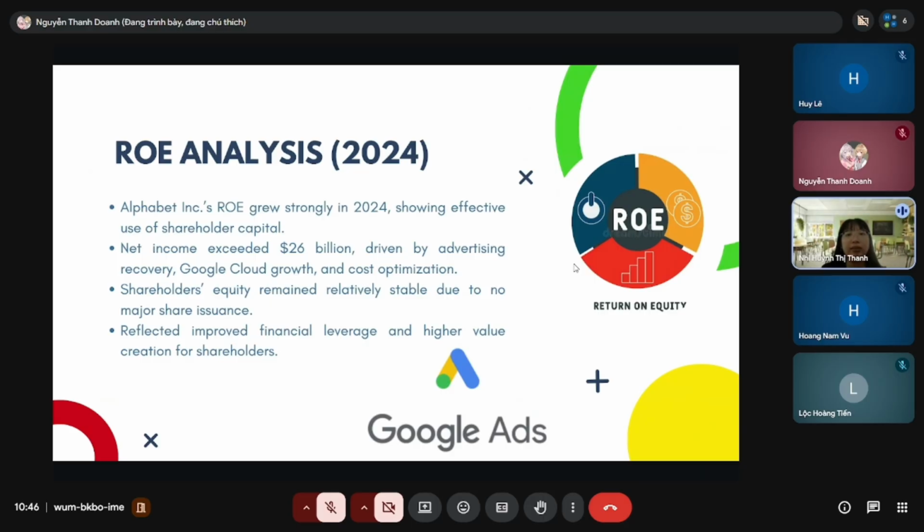At the same time, shareholders' equity remained relatively stable because the company did not issue a large amount of new shares, and as a result, existing shareholders benefited from higher profitability without significant dilution. Overall, the increase in ROE reflects stronger financial leverage and greater value creation for shareholders.